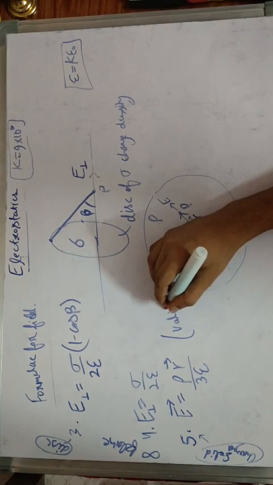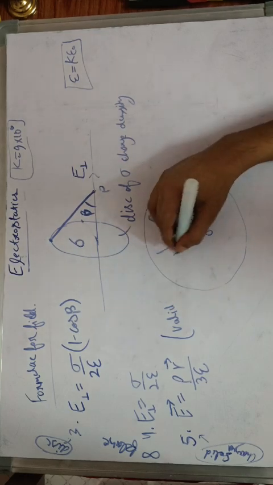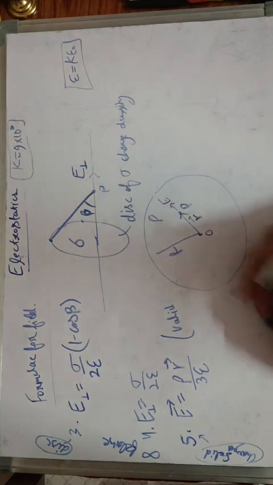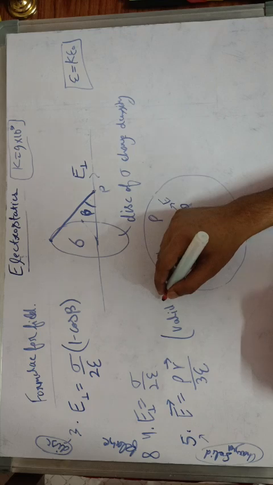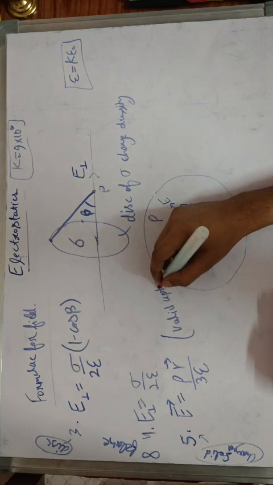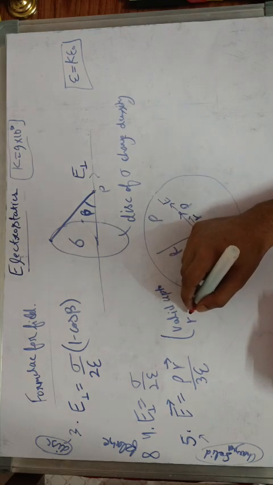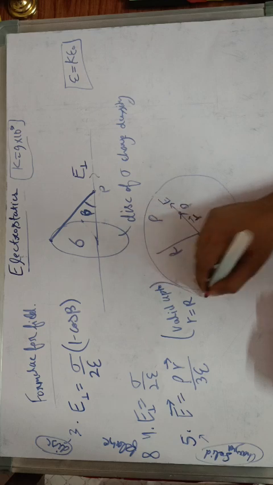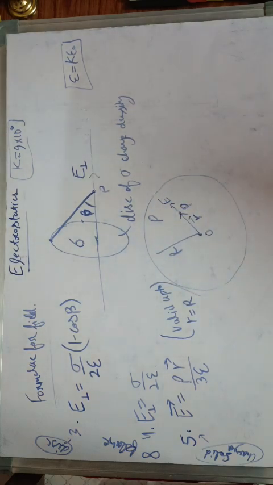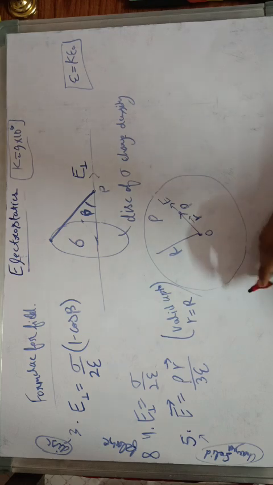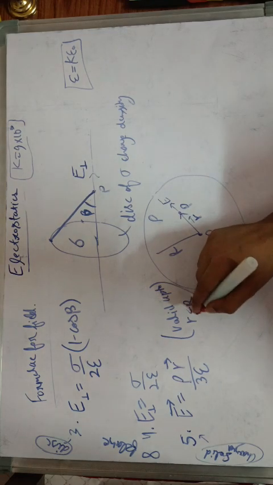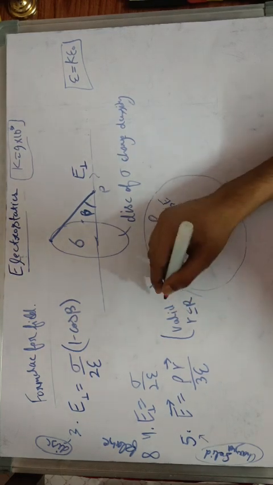And it is only valid, let's say this radius is r, it is valid only up to r equal to r, valid for r less than or equal to r.